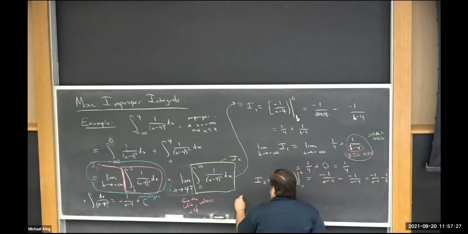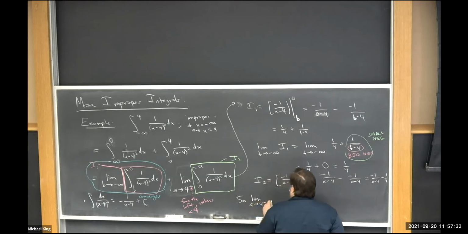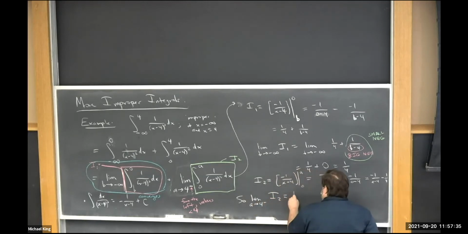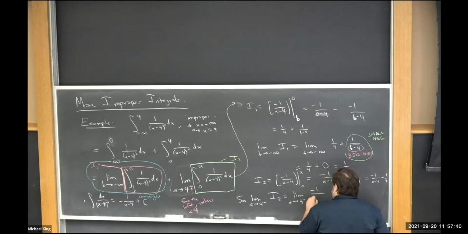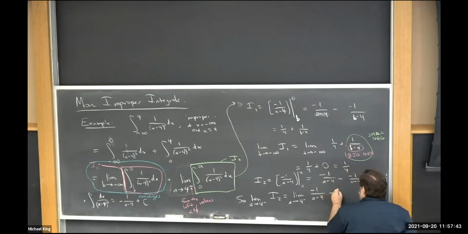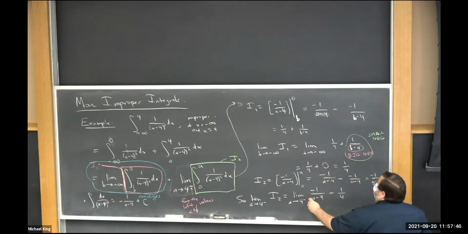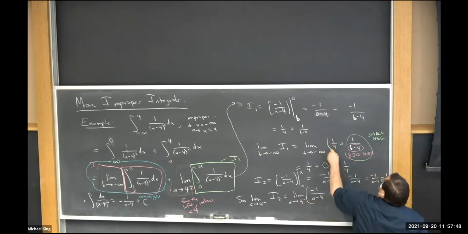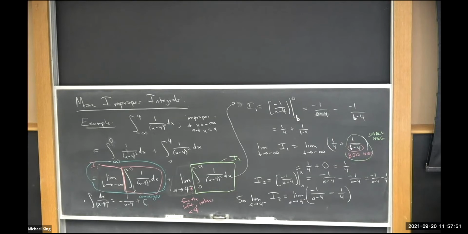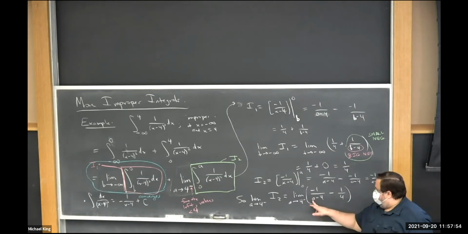So the limit as a goes to 4 from the left of this expression. And here's where things get interesting. If I plug in a number that's just a tiny bit less than 4, what happens to a minus 4? It's really close to 0, right?